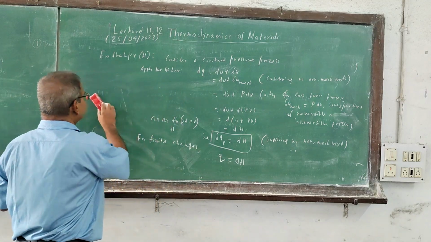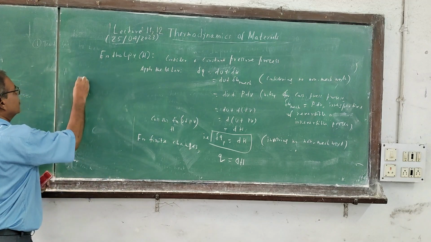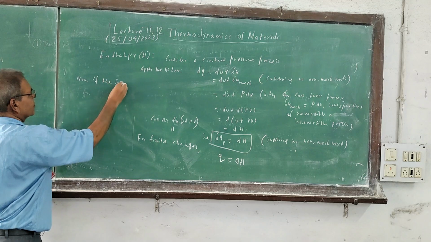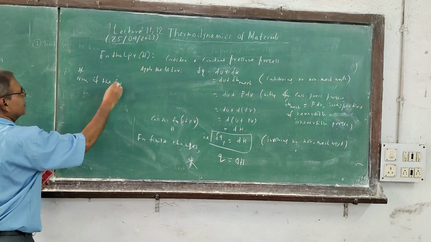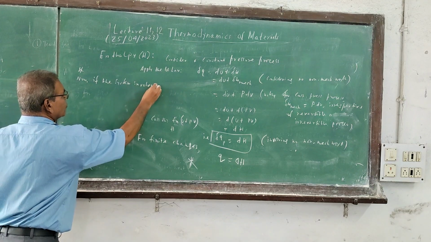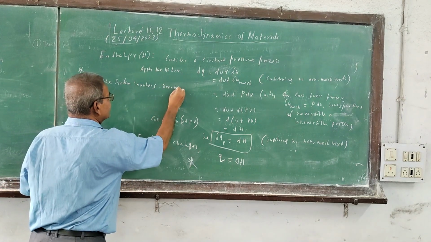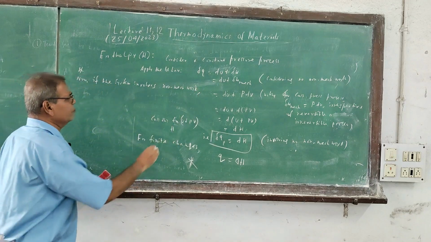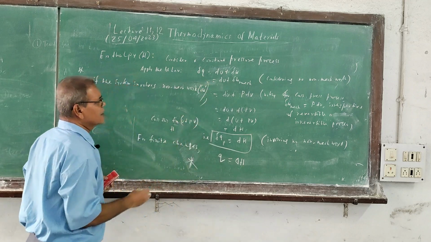Okay. Now complete this. Now if the system involves non-mechanical work, then what will you do? dW prime, what is the general form?